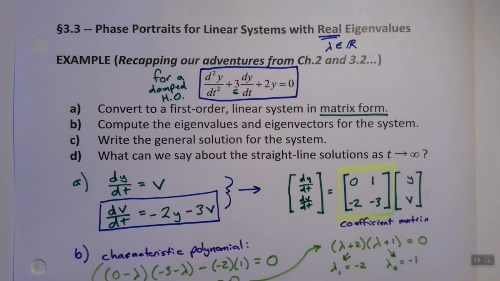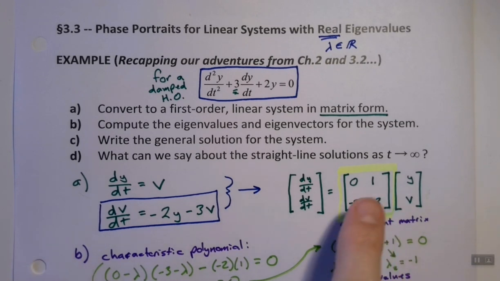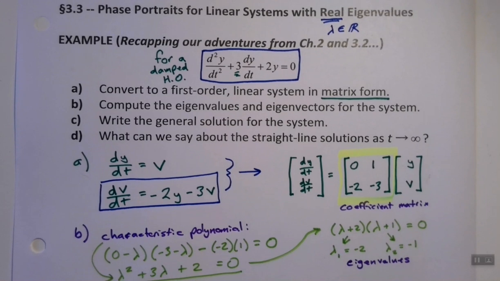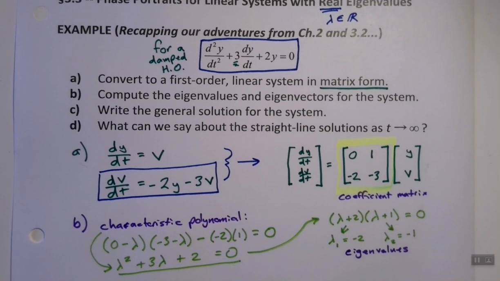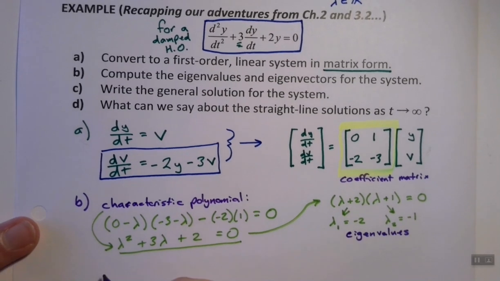And so those are what we call the eigenvalues. They are unique to that coefficient matrix, and everything that we need to know from the coefficient matrix we can determine by finding the characteristic polynomial, getting the eigenvalues, and then using those to find the eigenvectors.